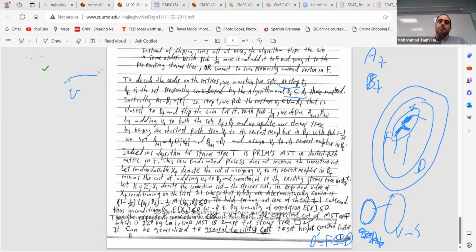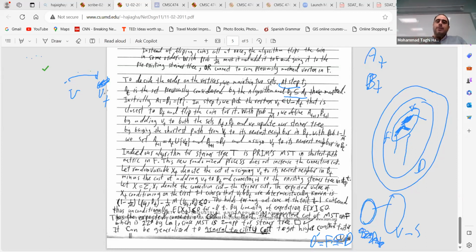With probability 1 over m, I say that this vertex should be a facility, the same way that I generated this one. I call it V_T, the vertex at time t. With probability 1 over m, this vertex is a facility.